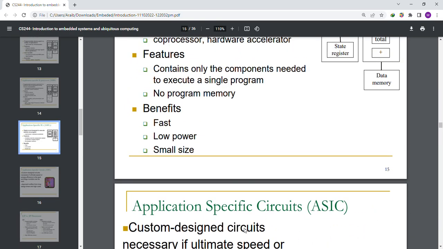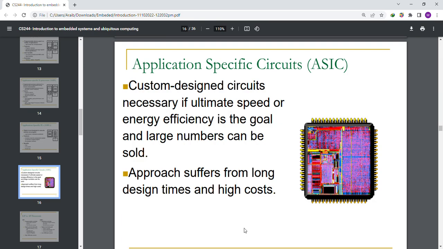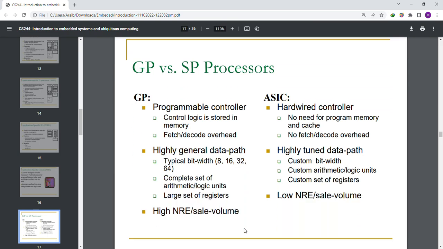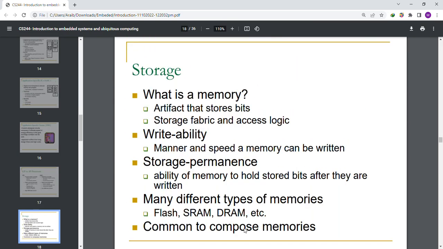And I think this is the last slide, slide number 16 for this part of the video. Application specific circuit, a custom designed circuit, is necessary if ultimate speed or energy efficiency is the goal and a large number can be sold. Drawback: suffers from long design time and high cost.